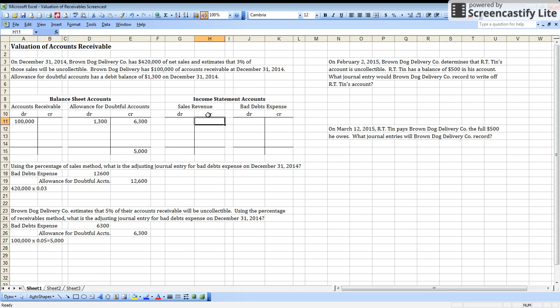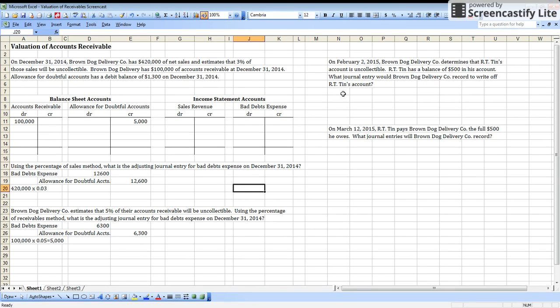They would have some sort of sales amount, hopefully, by February 2nd, but we don't have numbers for that right now. And our accounts receivable would be a number, and we will say that we have not recorded any other allowance for doubtful accounts. We've not written anything off.